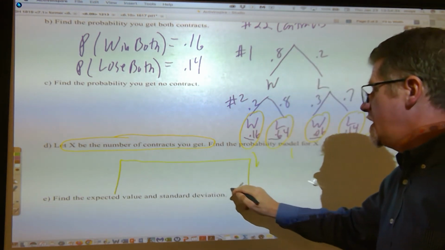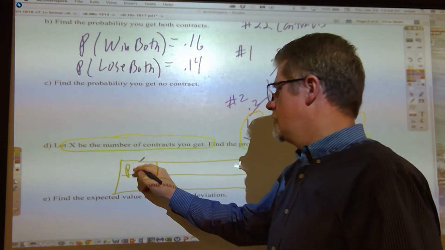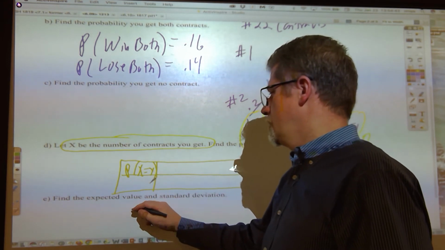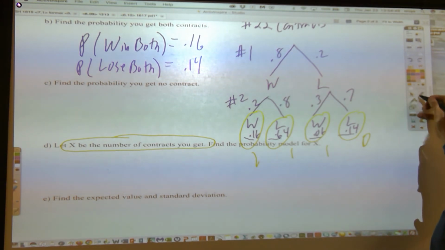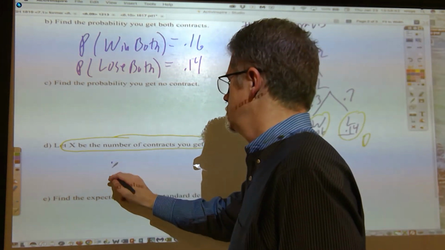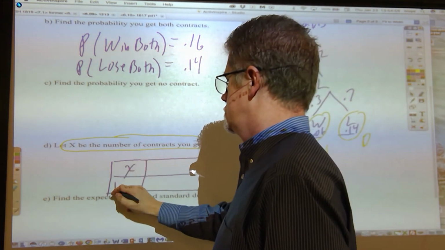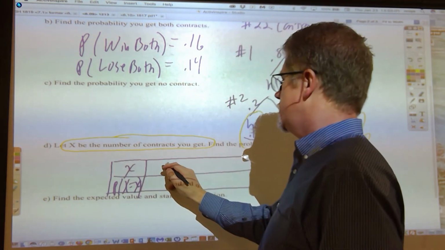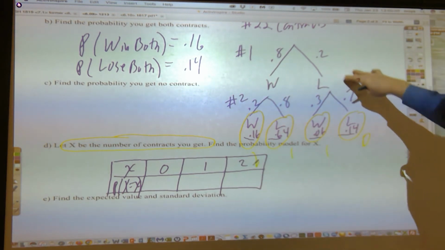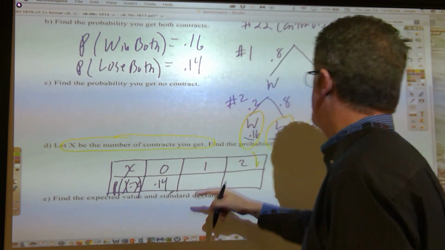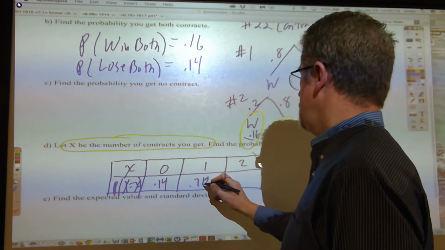So please fill in the chart and then do that other stuff. So we agreed you get either 0 contracts, 1, or 2. For 1 contract, I guess you have to add the 0.64 and the 0.06 to get 0.70.